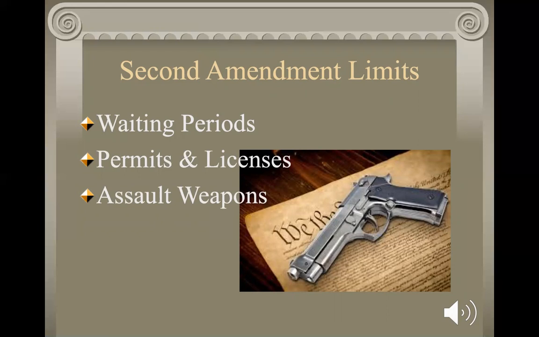It was sunsetted, the idea where the president who was in office in '04 just let that ban expire and did not renew it. But at one point there was a ban on assault weapons, and of course age as well. So yes, while you do have the right to bear arms, there are some limitations on it.